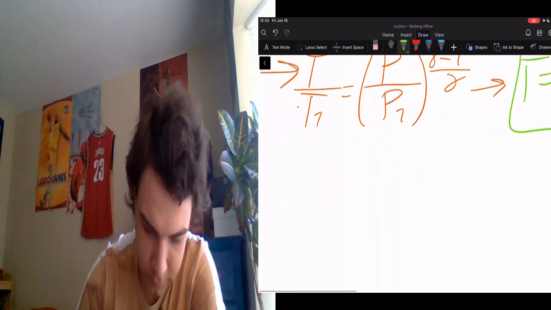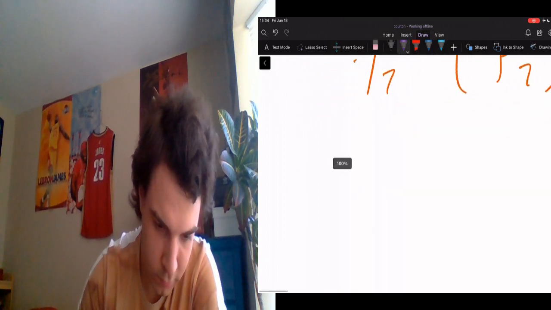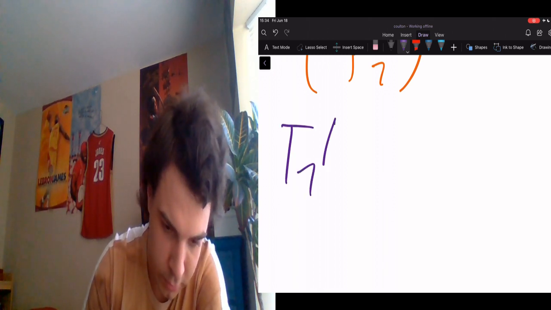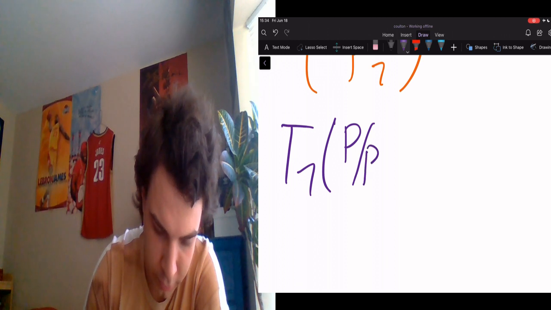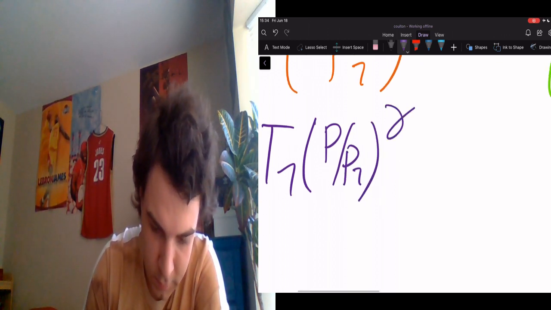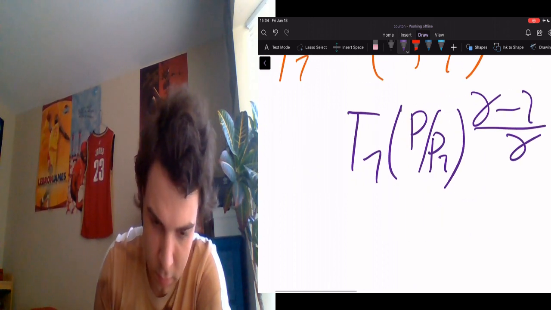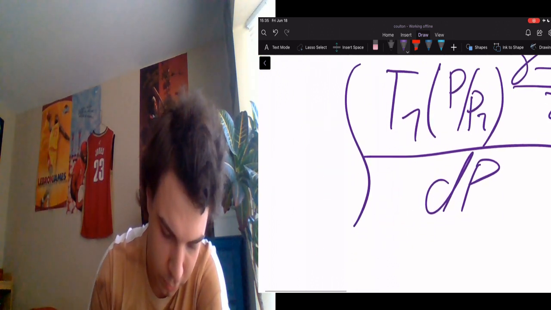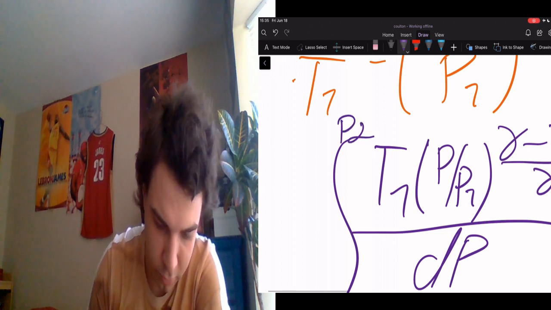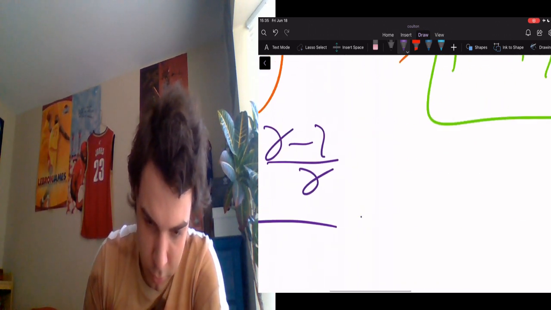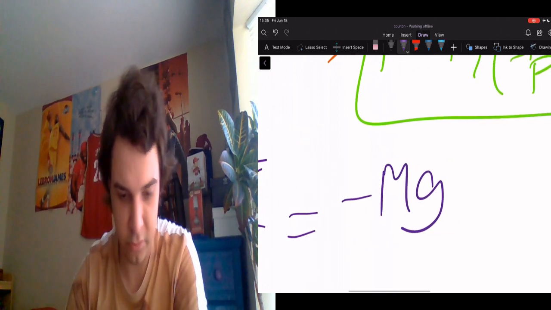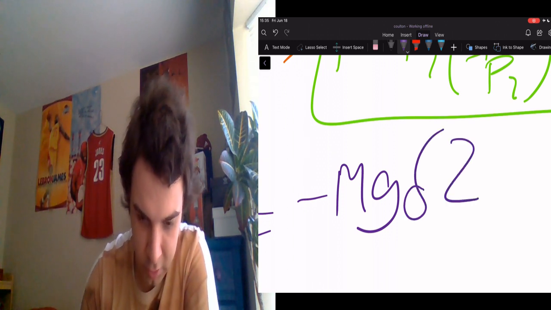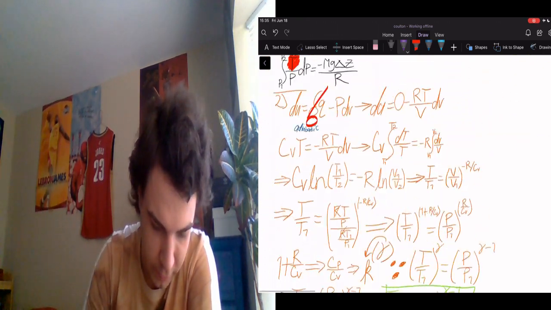So we'll have, I'll show you afterwards, temperature 1, P over P1, dP, so that'll be an integral from P1 to P2 equals negative molar amount times gravity times delta Z over R.